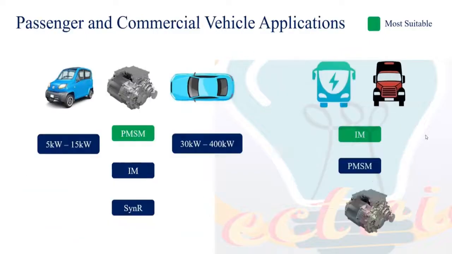When you go to the passenger car market, the power requirement is about 30 kilowatts to 400 kilowatts. The most suitable motor at this point in time is the permanent magnet synchronous motor, next the induction motor, and next the synchronous reluctance motor.